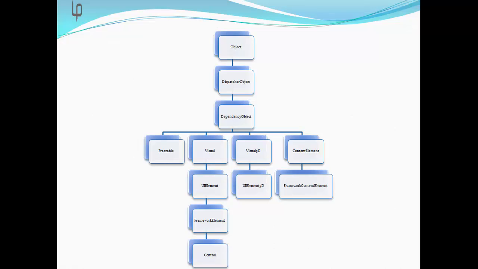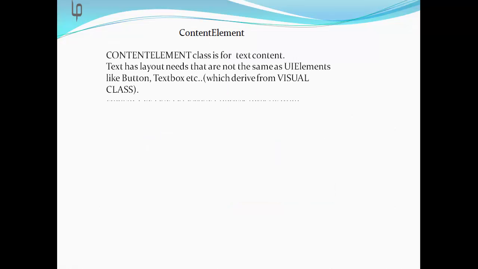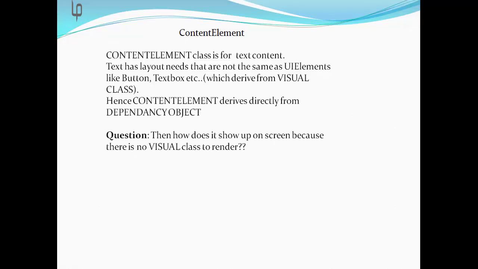Historically, text has layout needs that are not the same as UI elements, like a button or a text box or any other element. So hence the content element derives directly from the dependency object. So now you might ask, how does it show up on the screen, because there is no visual class to render? Well, the answer is it has to be a child of some element which is derived from visual class.